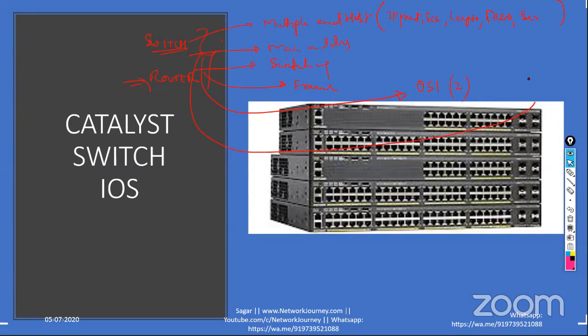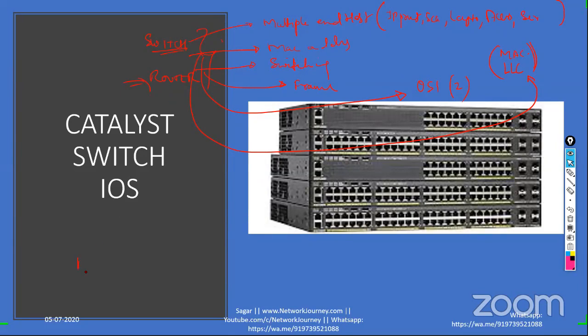So what does the data link layer consist of? It consists of two sub modules. One is called MAC, and the second one is called LLC, logical link control. Okay, so this is a little bit on switches.